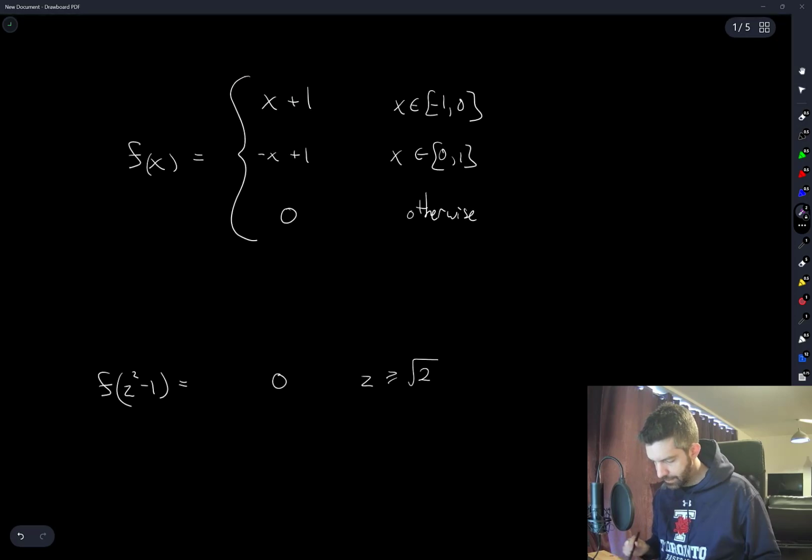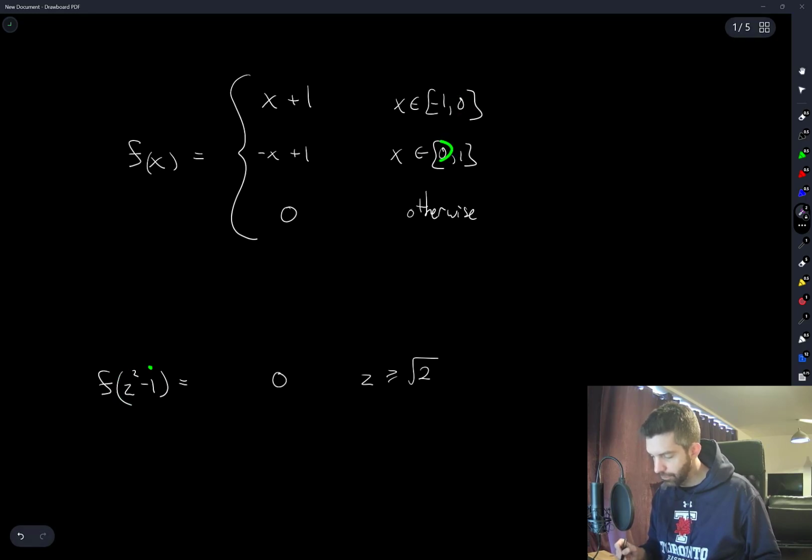So when z is equal to 1, this is equal to 0, and we're at the endpoint of these two intervals. As z increases, the input here, z squared minus 1, starts to lie in this interval. And when z is equal to the square root of 2, this is 2 minus 1 is 1, and so we're at that right endpoint.